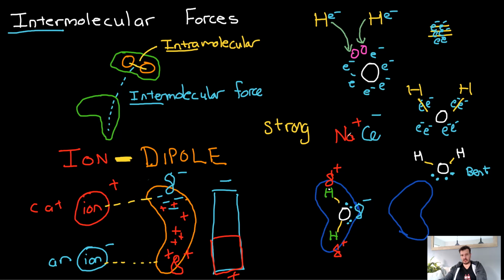Salt is in a stable crystal lattice. When you dissolve it, what happens with the water, and we'll get into this, is that the hydrogen bonding of water actually causes the ions to separate.